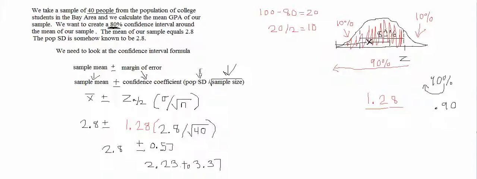And it should be close enough. I mean, the sample standard deviation should work fairly well as a substitute. And you can then calculate your confidence interval that way. And that's pretty much how it would be done in a real life study.